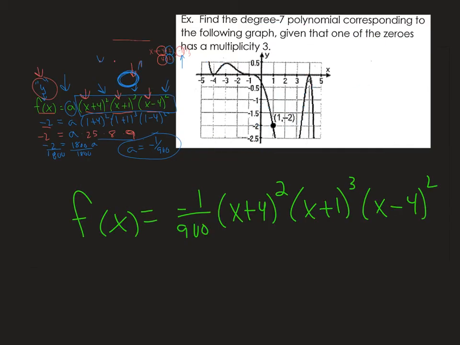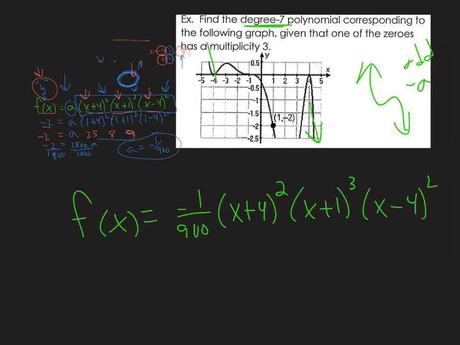Now, on a side note, this was a 7th degree polynomial, and it looks like it's coming down from the left and going down on the right. Now we know from previous lessons that this is an odd polynomial with a negative a, because if it was a positive a, it would go up like that, but it's not.